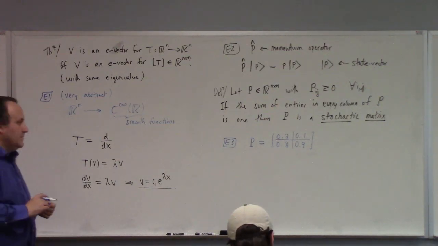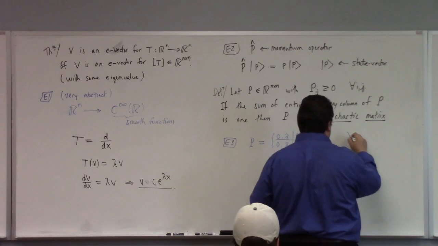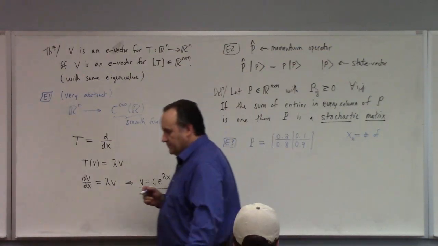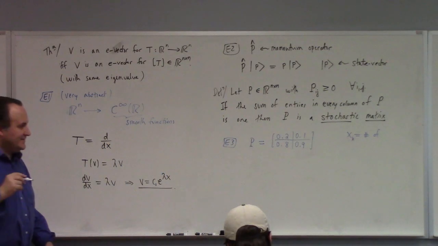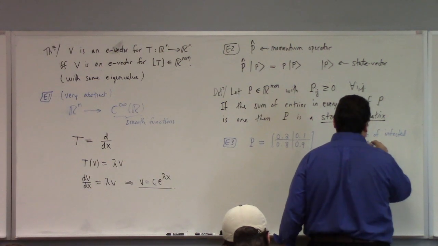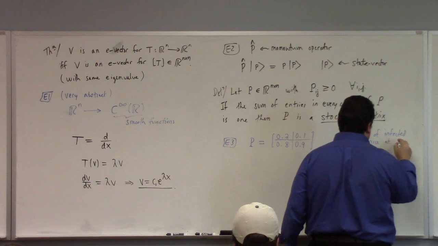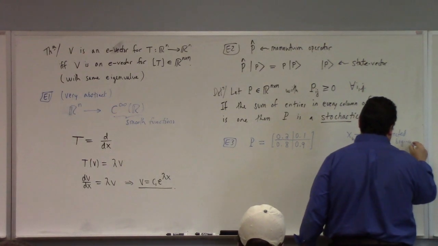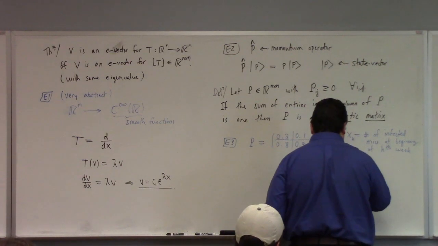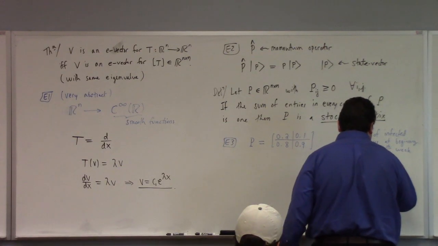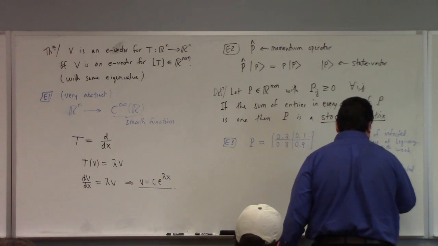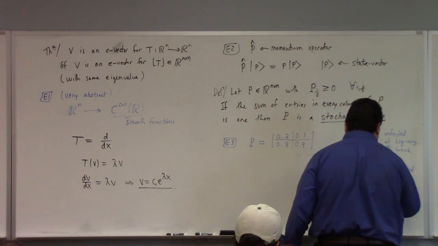Now, we're going to let x_k equal the number of infected mice at the beginning of the kth week, and we'll let y_k equal the number of non-infected mice at the start of the kth week.